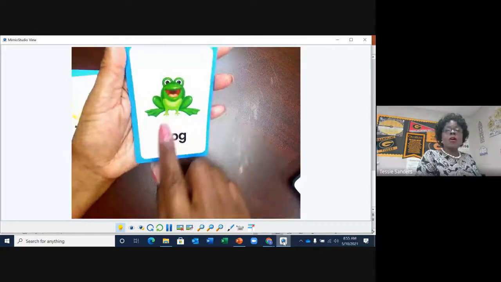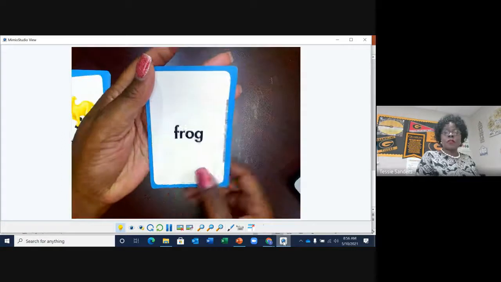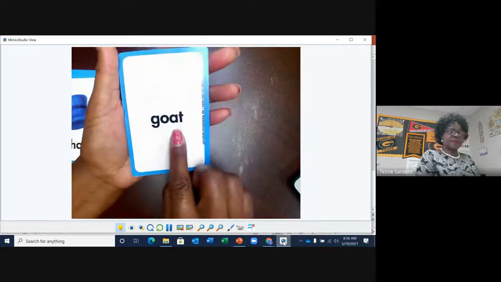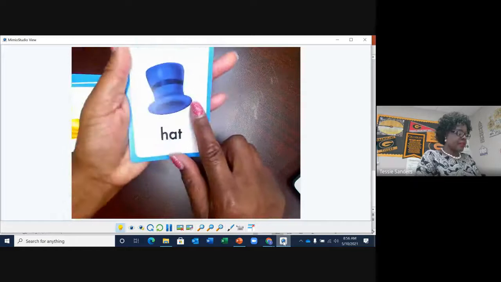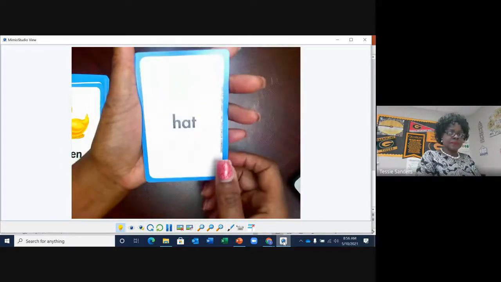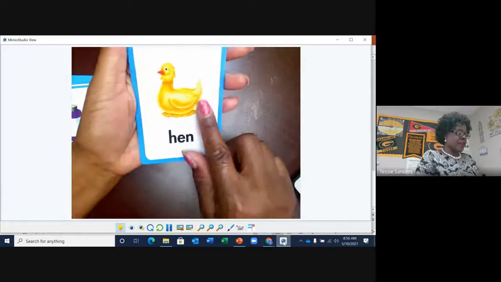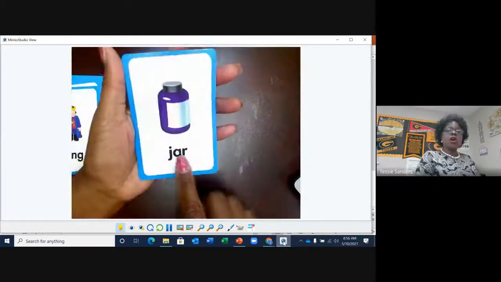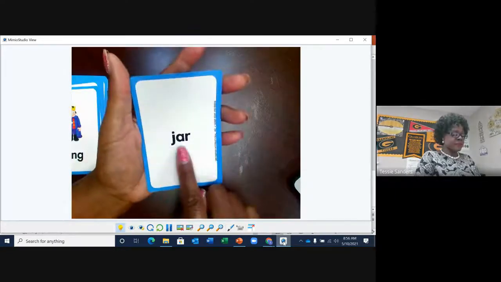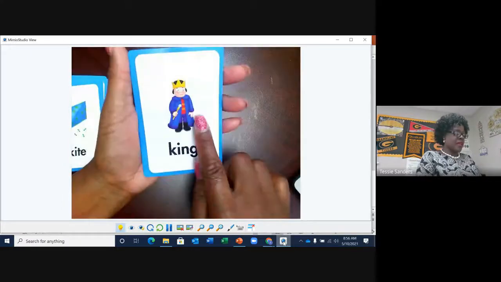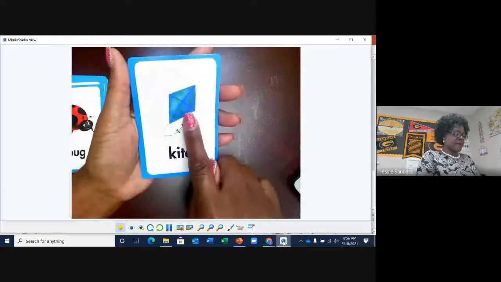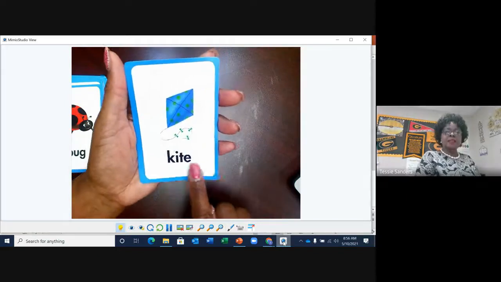I'm listening for the phonics, the long and short vowels. Frog. Good. Goat. Hat. Hen. Good. Jar. King. Kite.